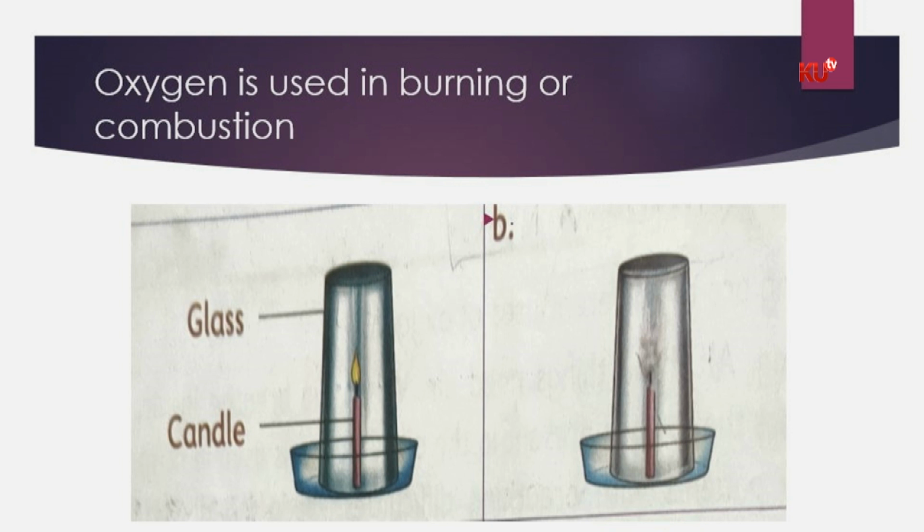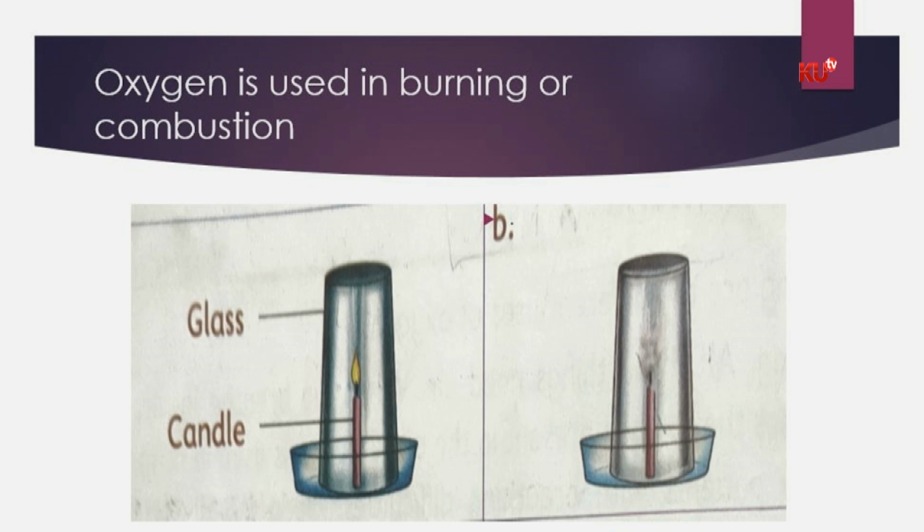It is not obvious that the lamp or candle you are using, or the stove or gas cooker, must automatically light. If oxygen lacks where you are, then that candle will not light. Therefore, that brings us to the second use, where we use oxygen during combustion or burning.